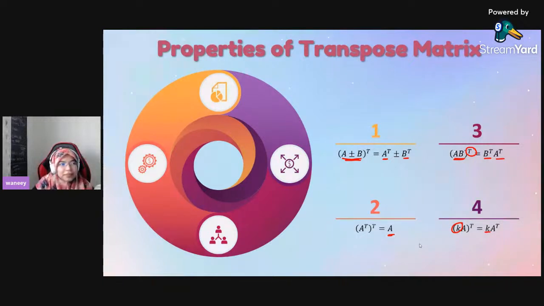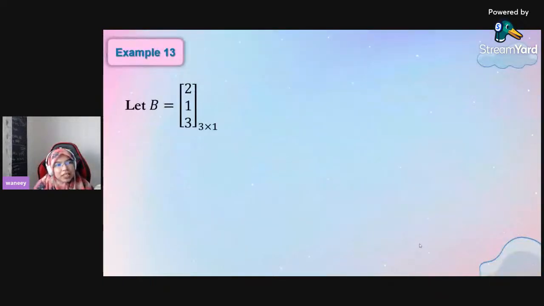Okay, next. Example 13. If let's say B is equal to 2, 1, 3, what is your B transpose? I give you 10 seconds for you to write down your answer. What is your B transpose? Okay, so B equal to 2, 1, 3. What is B transpose?